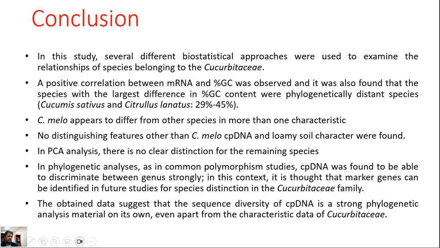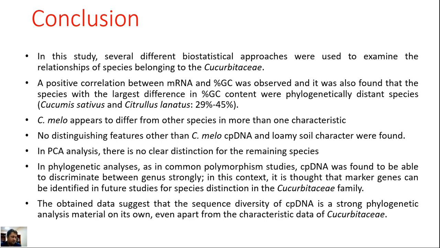As a conclusion, in the study, several different botanical and biostatistical approaches were used to examine the interspecific variation for cpDNA of Cucurbitaceae members, and a positive correlation was obtained for the mRNA number and the GC percentage among the cp genomes.